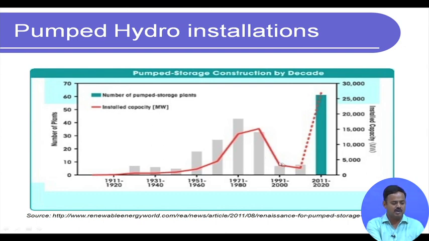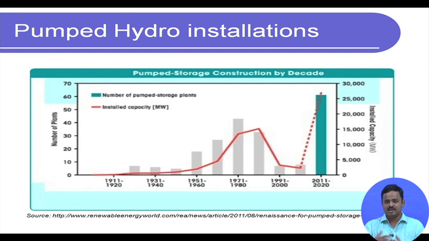So, it saw a dip, and again it is expected to rise, because slowly, especially in the later half, in this new century, we have become more and more conscious about the reduced availability of fossil fuel. So, therefore, we have become extra conscious about energy storage, about having more efficient and newer plants, about having new and renewable energy sources, and so on.